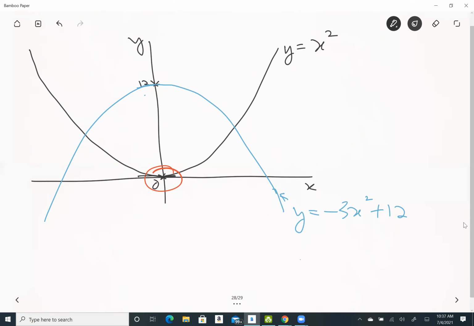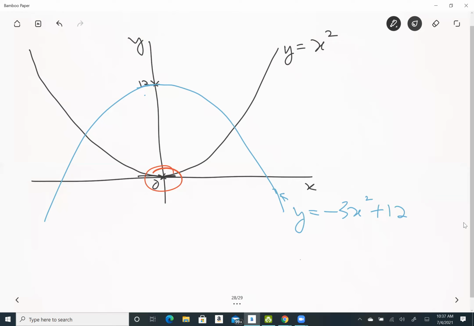The word relative indicates that you may have two minima. Relative minimum means you may have another minimum that is smaller or lower than the first minimum, so you call it relative. But for us, it is the only one that we have, so we just call it minimum or maximum.